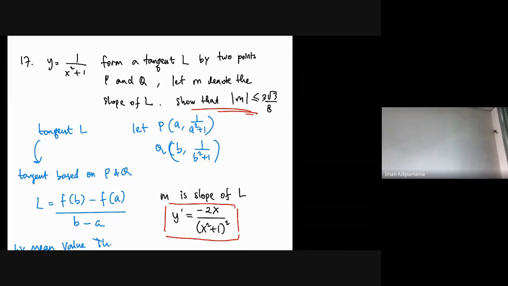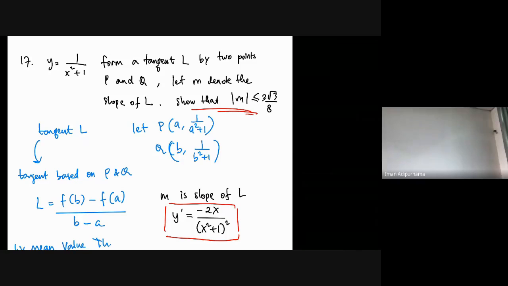Okay. So maybe A and B or any symbols you want, and you have these two. And we need to define from these two what definitions or what formula that we can relate to this P and Q.